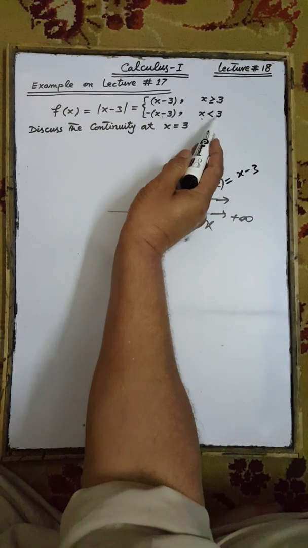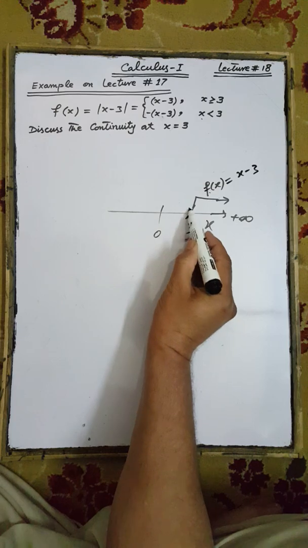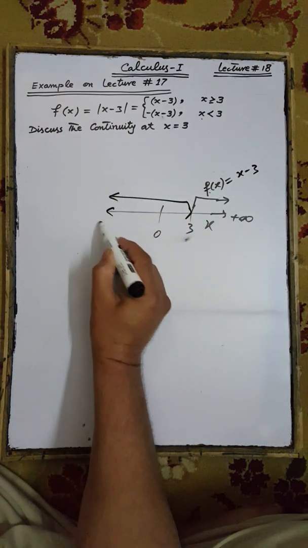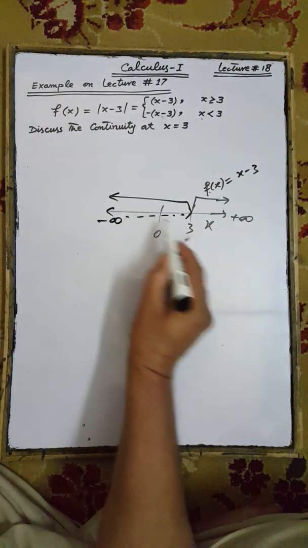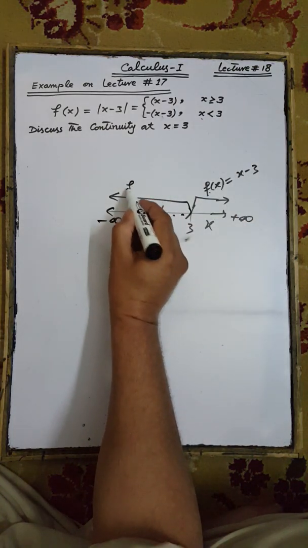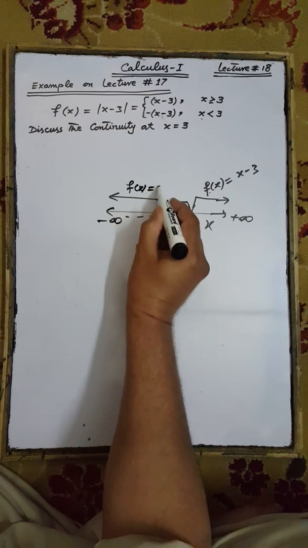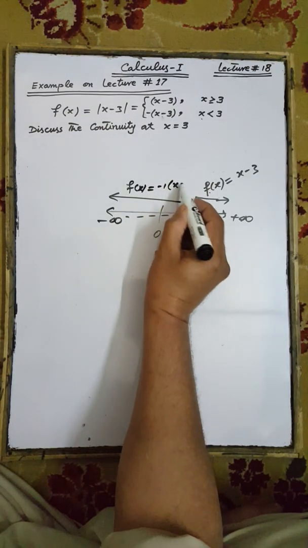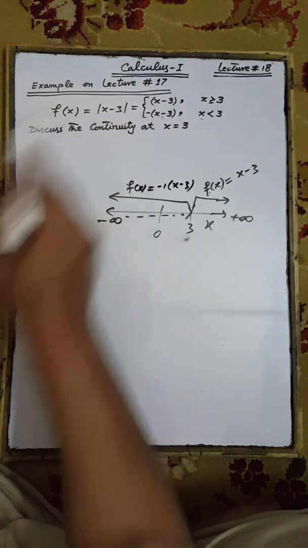And when the value of x is less than 3, in this case the value of the function f of x will be calculated as minus 1 multiplied by x minus 3.